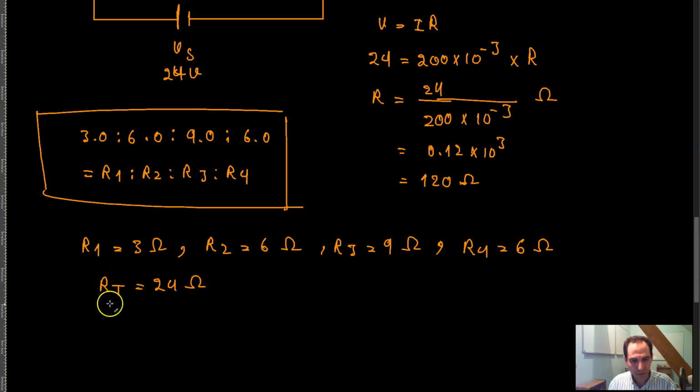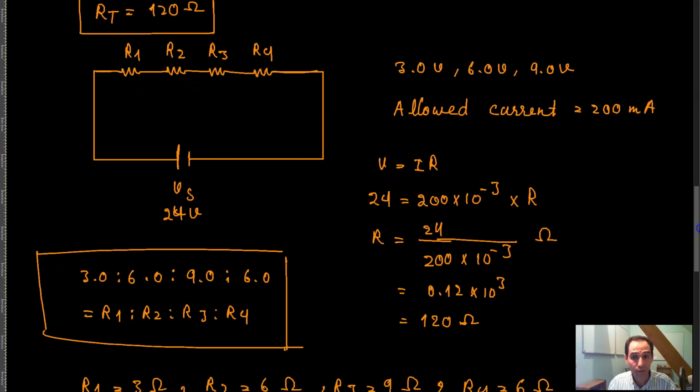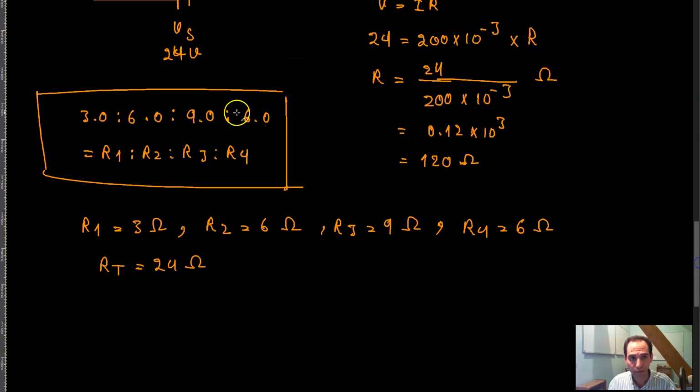24 ohms basically gives me, actually the resistance has to be above this value, right? Because if the resistance is 24 ohms, the current goes higher than 200 milliamps. If I have 24 volts over here, V is equal to IR, so 24 is equal to I times 24, and that would be 1 amp.